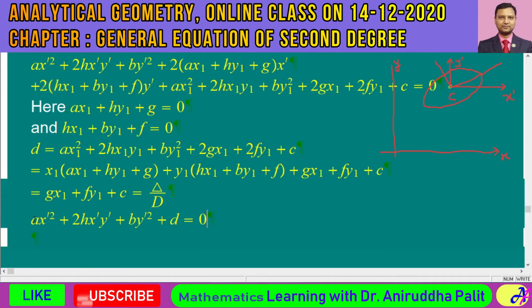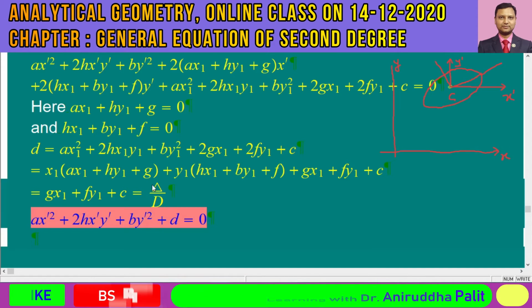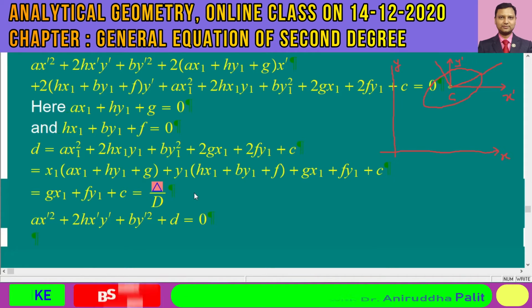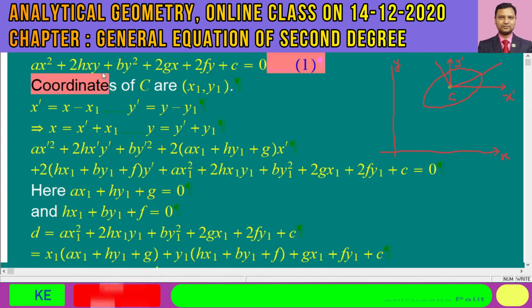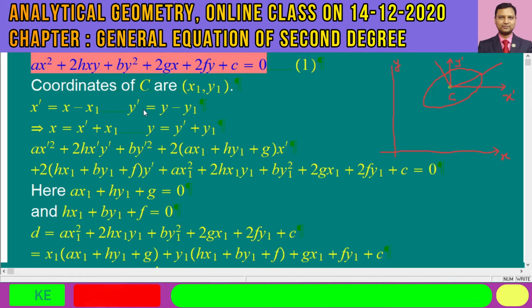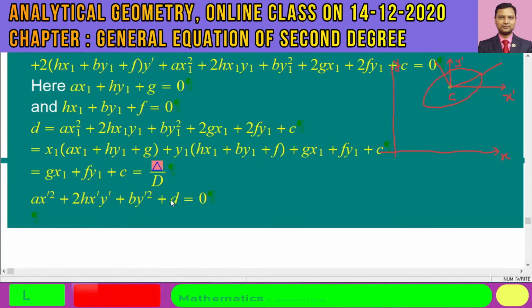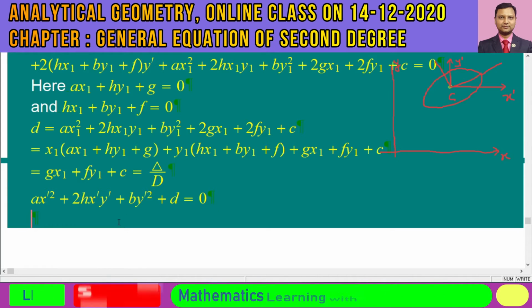So we can write equation number 1 in this fashion. Over here d is not equal to 0, because if by chance d becomes 0, then delta must be 0, and we know that delta equal to 0 is the necessary and sufficient condition under which this kind of equation represents a pair of straight lines. But we are not discussing the pair of straight lines. Therefore delta is not equal to 0, and as a result d would never be equal to 0.